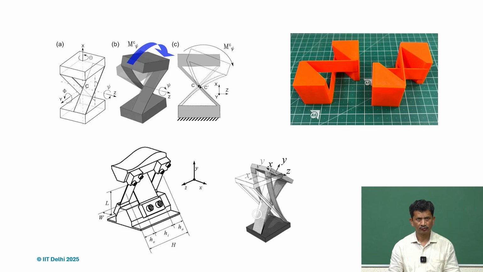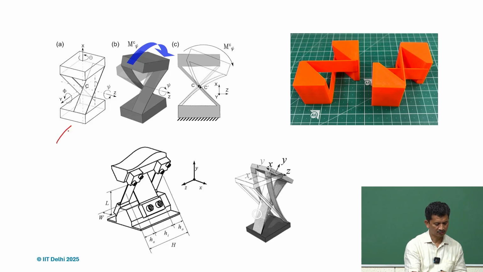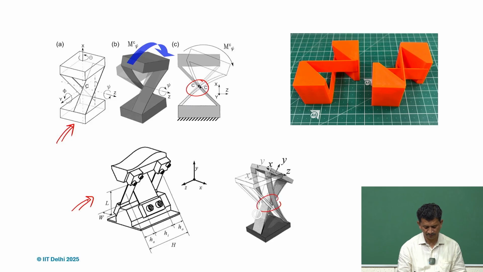So what we have now are these arrangements. This is non-symmetric, and this is the symmetric one. You can see the center part moving as it deforms. Same here.